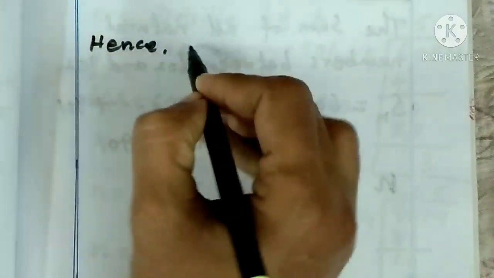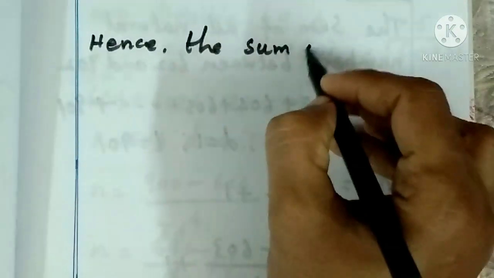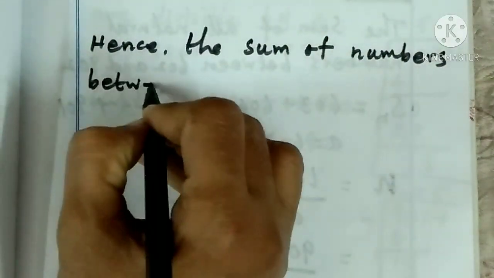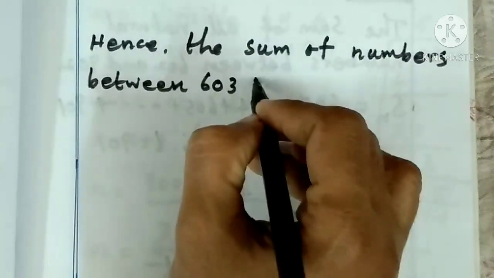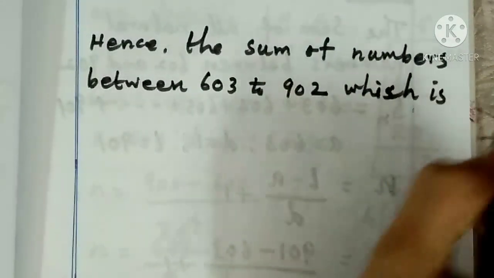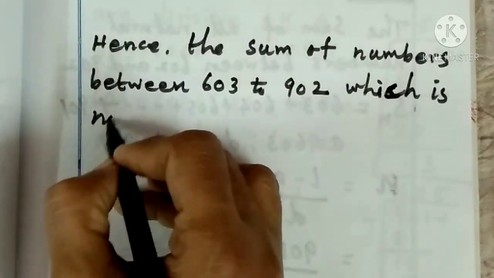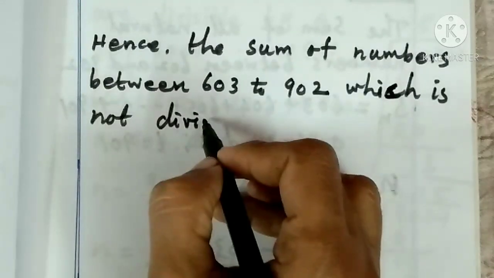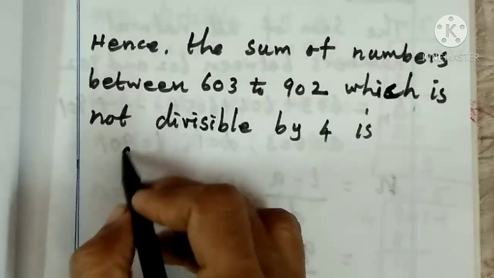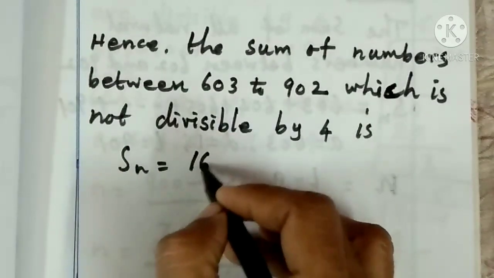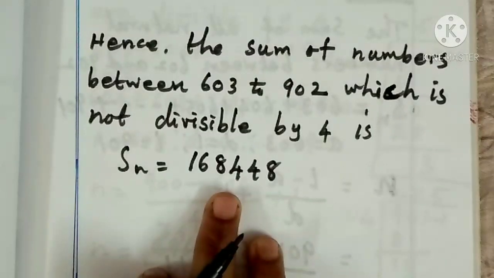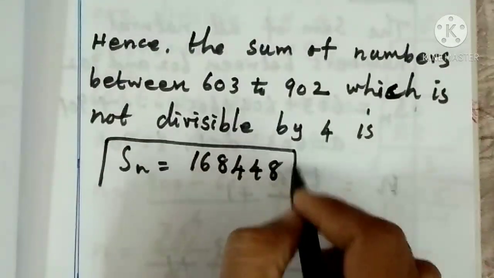Hence, the sum of numbers between 603 to 902 which are not divisible by 4 is Sn is equal to 16,08,448. This is the answer for this question.